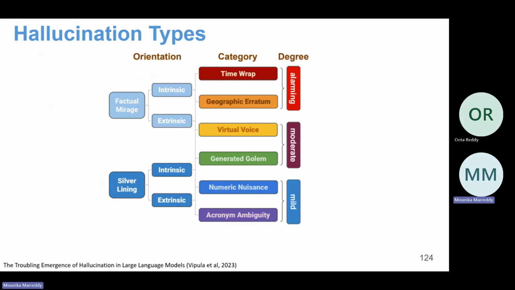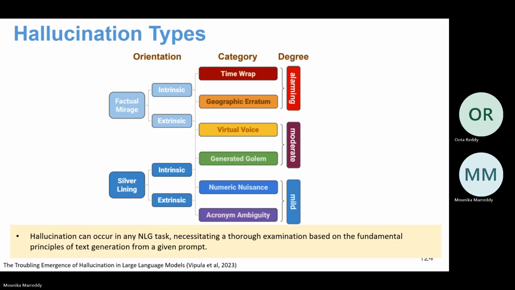Then comes the degree. These 6 are divided into 3 degrees, which are mild, moderate, and alarming. The conclusion from this slide is that hallucination can occur in any NLG task, necessitating a thorough examination based on the fundamental principles of text generation from a given text prompt.